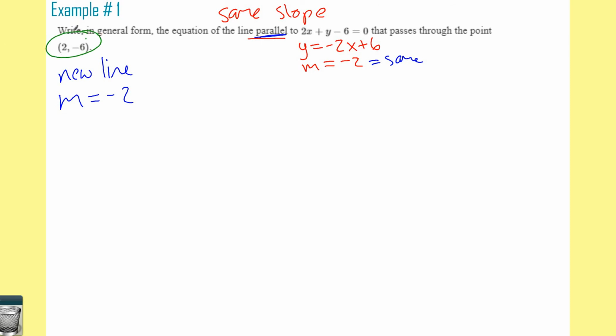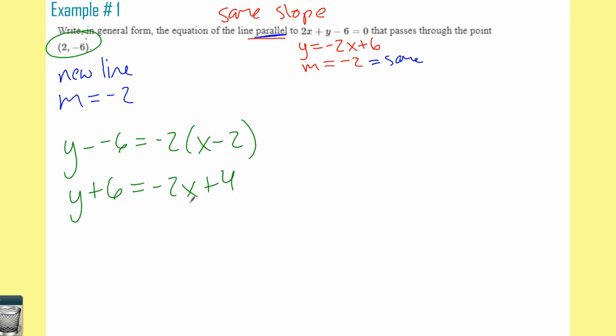So we can put it into point slope form. We get y plus 6 equals negative 2 (x plus 4). And there you have it. But it did say in general form. Ooh, I hope you didn't stop there.